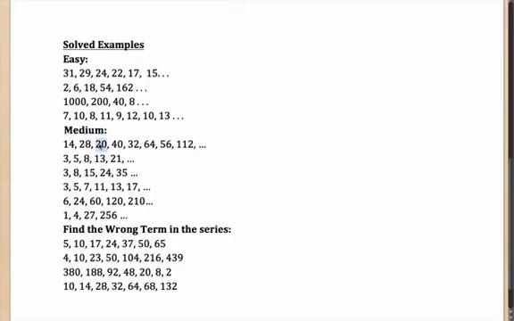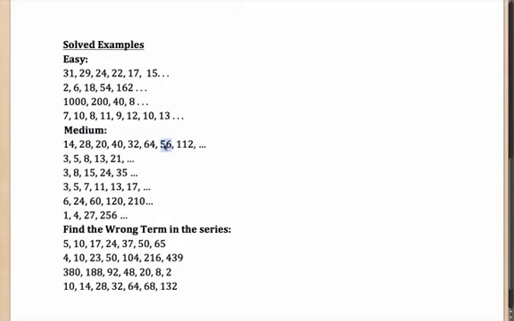14 and 20, a rise of 6. 20 and 32. I'm looking at alternate terms now for obvious reasons, because the middle terms are just double. So 14 and 20 is a rise of 6, 20 and 32 is a rise of 12, which means that if the next one is a rise of 18, I have a pattern. But 32 and 56 is a rise of 24.